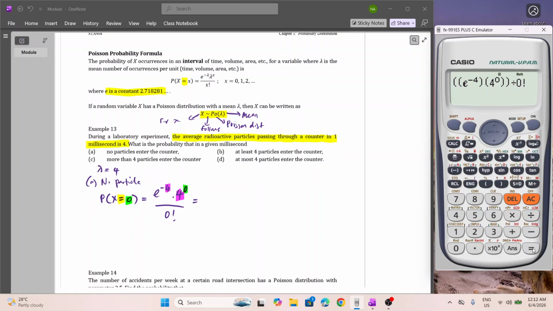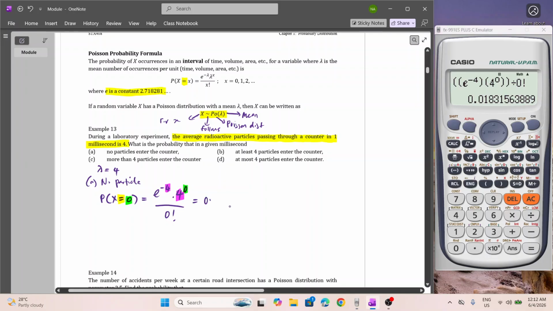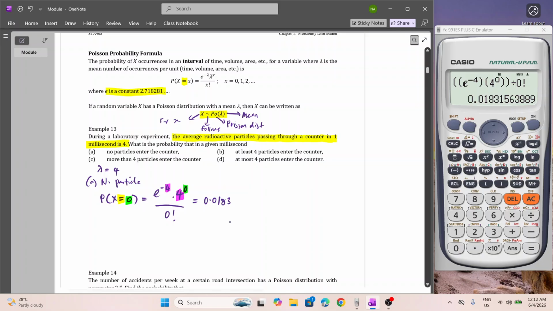Now you can click the equal to sign, and the answer is 0.0183. That is the answer for the first question.